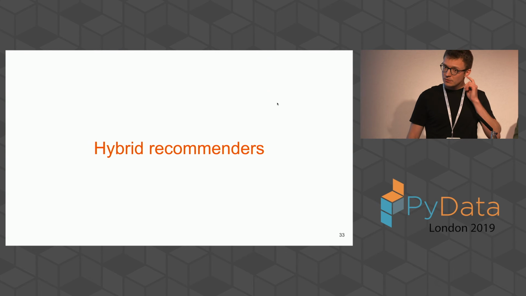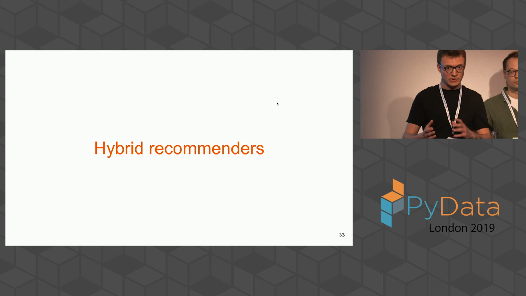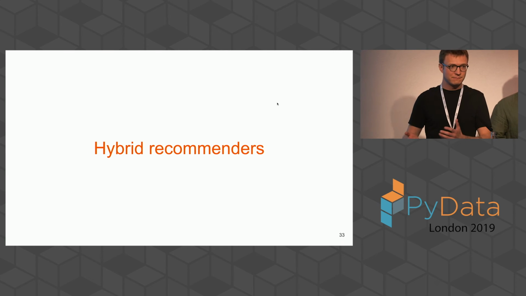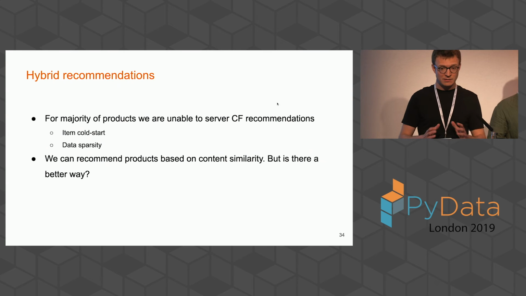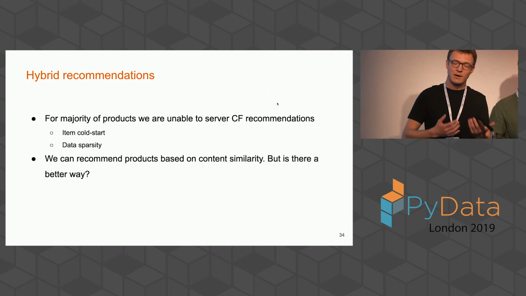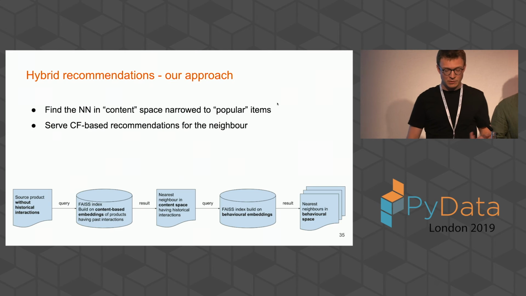Okay, at the beginning I told you, and also Maciej mentioned, that we serve collaborative filtering whenever we can, and we fall back on content-based when there are not enough past events associated with products. We wanted to do better, basically to be able to serve behavioral recommendations for every product, even for products that do not have past activities. So in order to do this, we introduced a concept of proxy product, let's say.